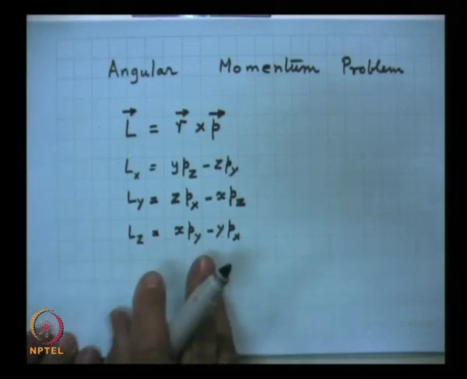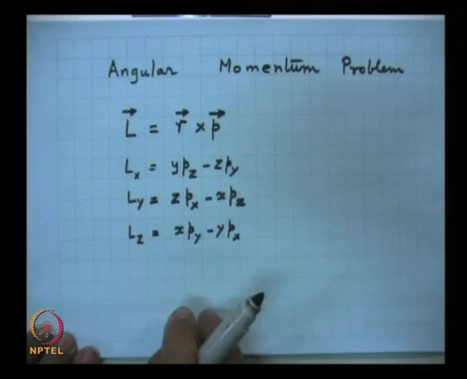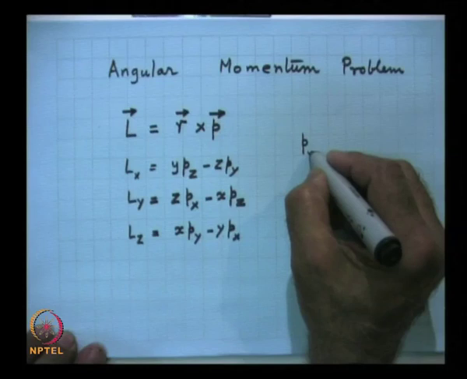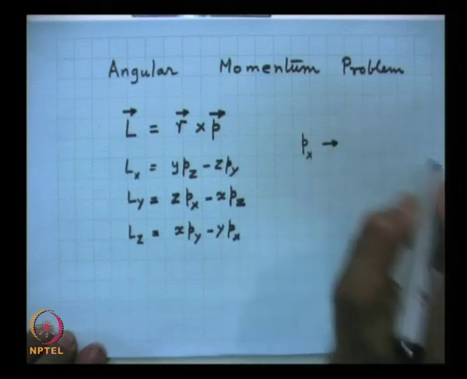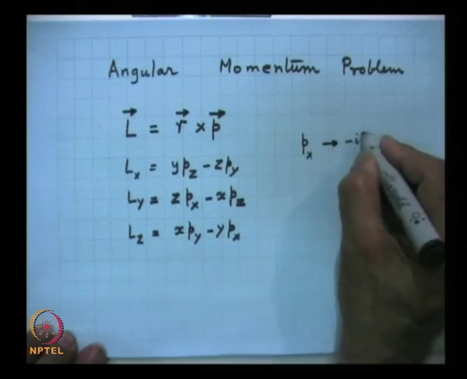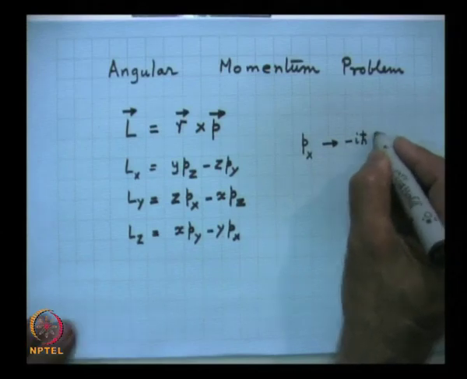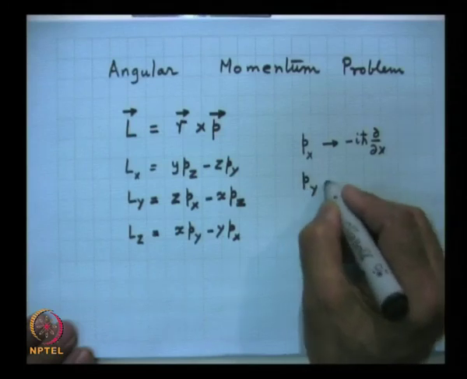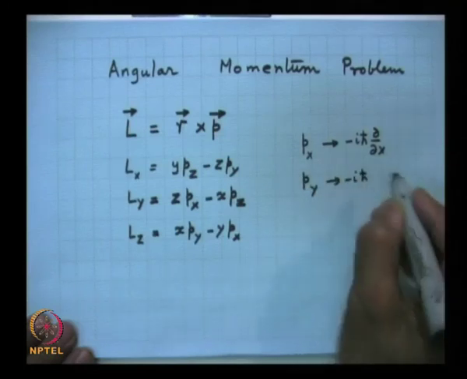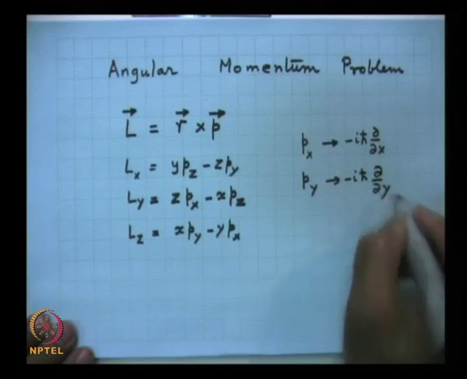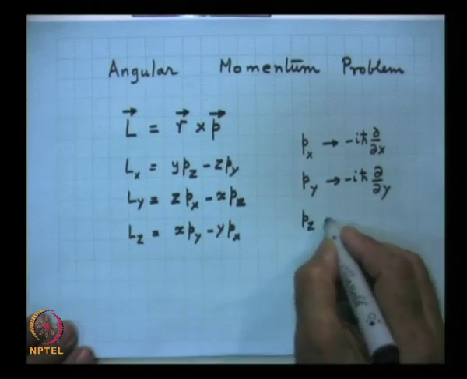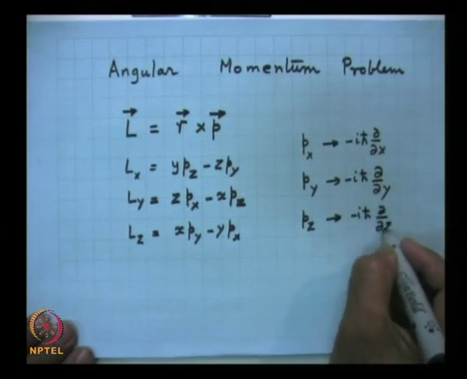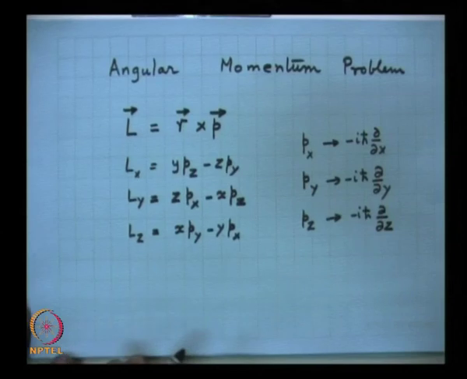We take over the same definitions in quantum mechanics, except now we consider the operator representations of Px, Py and Pz. That is, we replace Px by minus i h-cross del by del x, Py by minus i h-cross del by del y, and Pz by minus i h-cross del by del z. So, they are now operators.